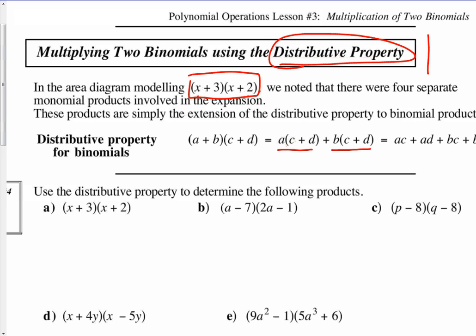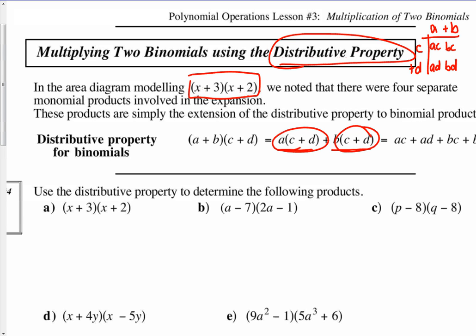Think of it this way. If we had a plus b in a chart and c plus d in a chart, we are multiplying the a by c and d, agreed? Yeah, there's a c and a d. We are multiplying the b by both the c and d. Is that agreed? Yeah, bc and bd.